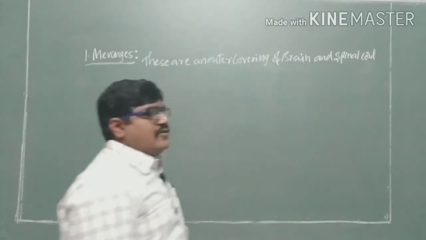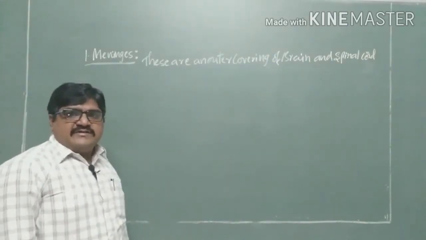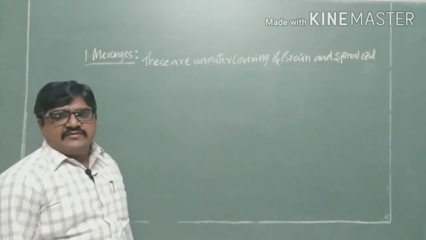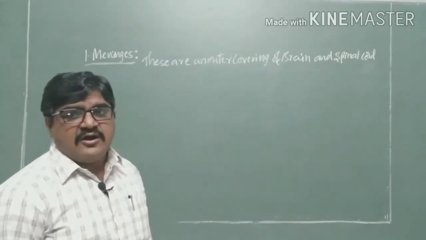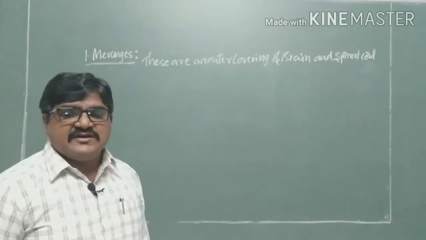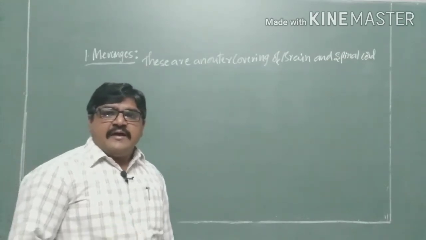So these are the outer coverings of both. That means these three coverings will be present in both the brain as well as the spinal cord.